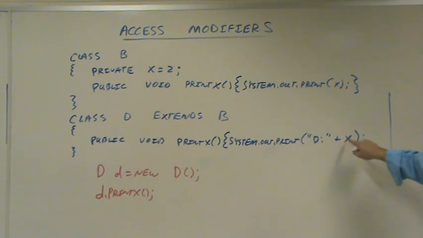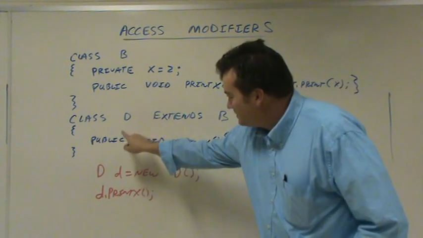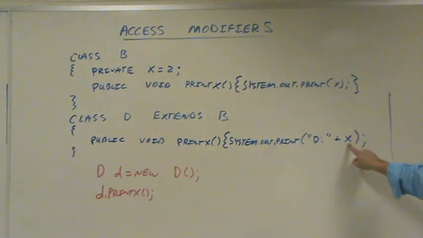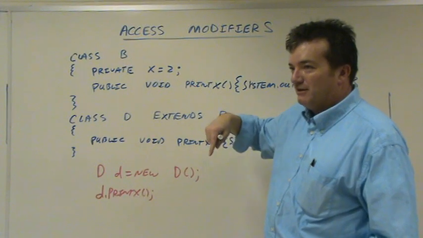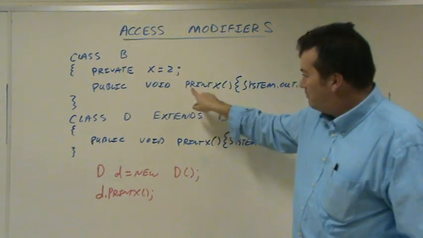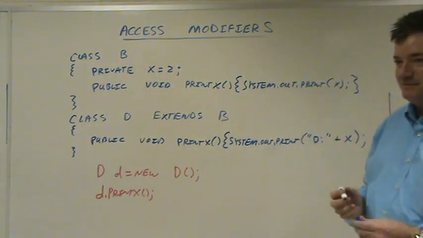This would get a compiler error, because even though we're inside the D class, we can't access X, because its accessibility never got inherited to us. But the base method could access it.